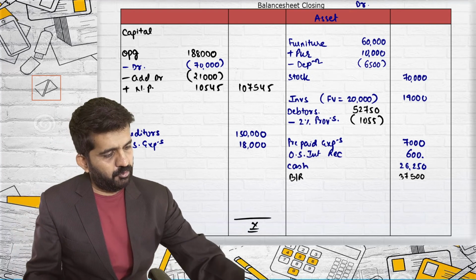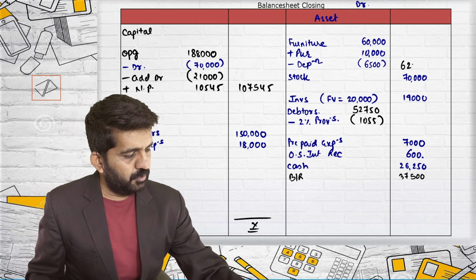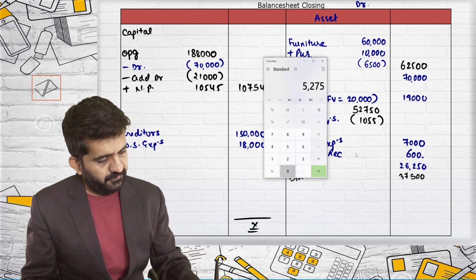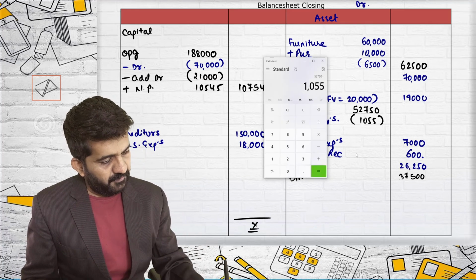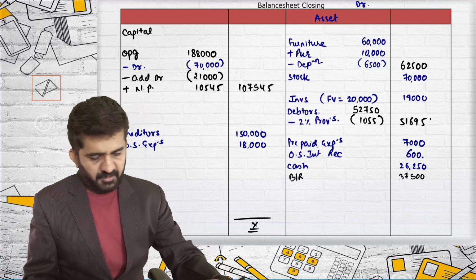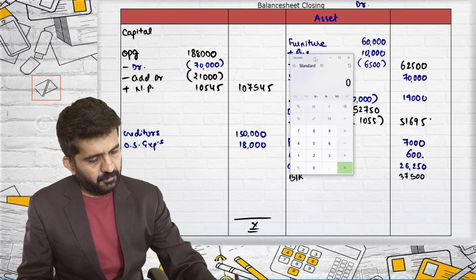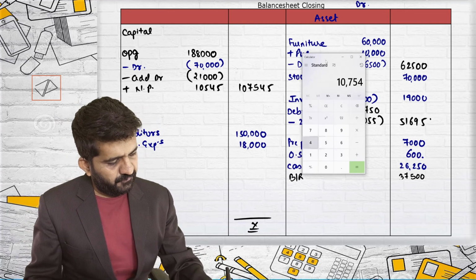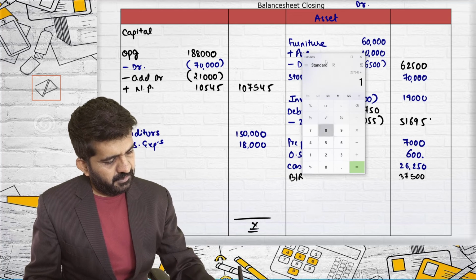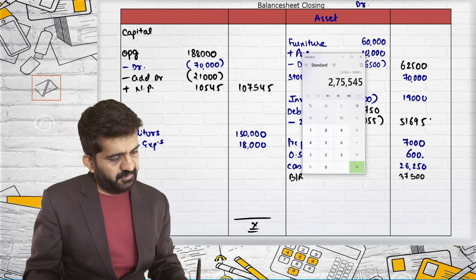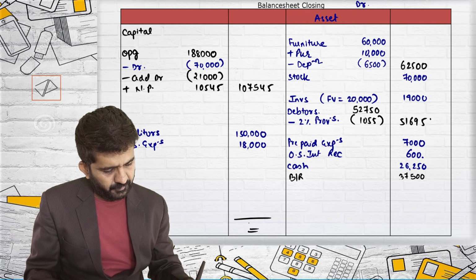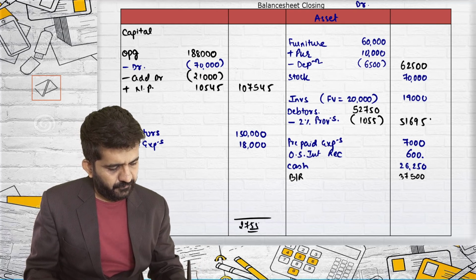Let me first find out the outer column. This will be 62,500. 52750 minus 1055 is 51695. Everything else is in the inner column. I just need to total it out. 1,07,545 plus 1,50,000 plus 18,000 is 275,545.